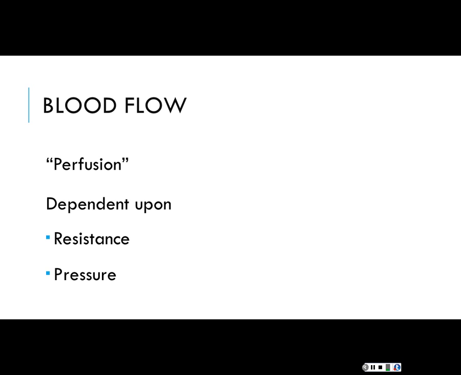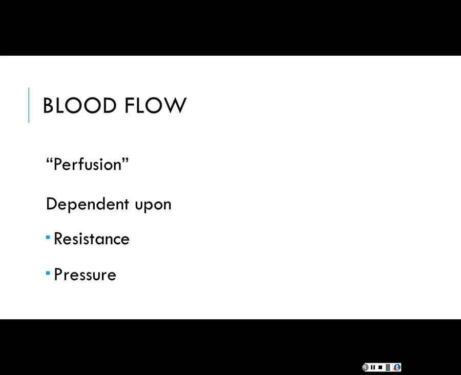But also critical for the distribution of blood are the pressure gradients, the blood pressure gradients. What do you think the relationship is between the blood pressure gradient and perfusion? Direct. The higher the pressure, the blood flow is more, faster, greater, more enhanced.